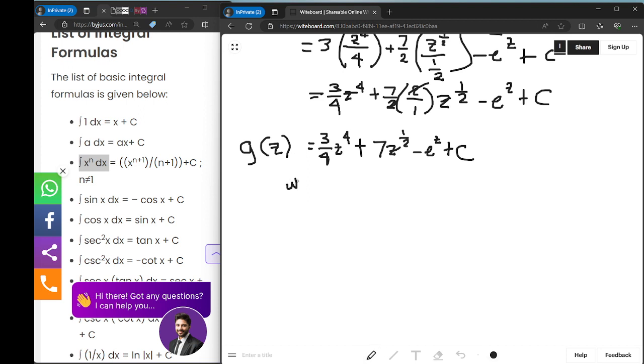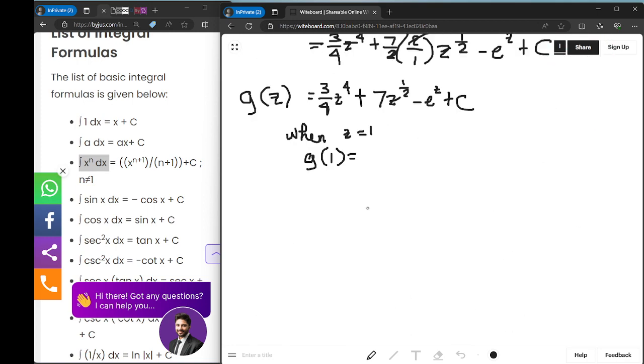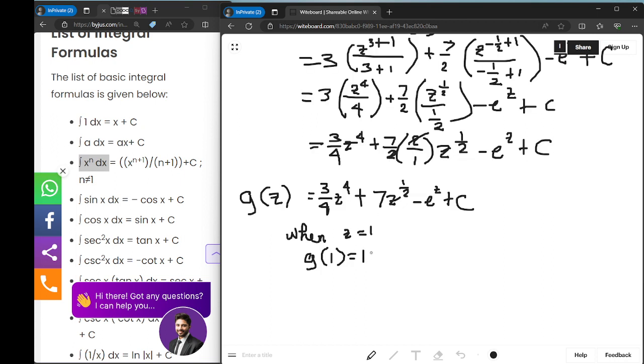So when z is equal to 1, then g of 1 is equal to 15 minus e. So we're going to substitute 1.